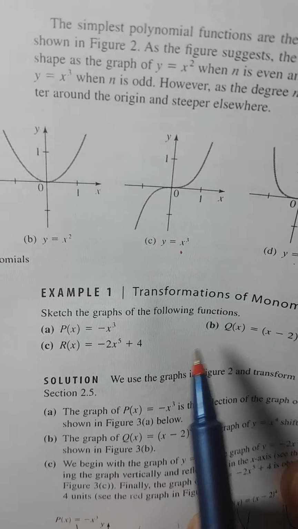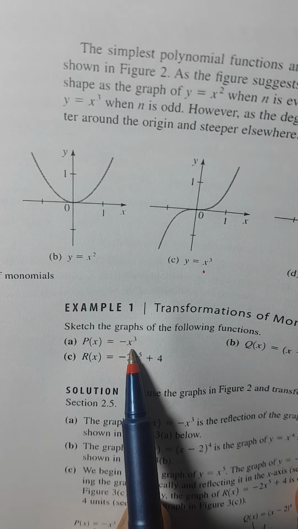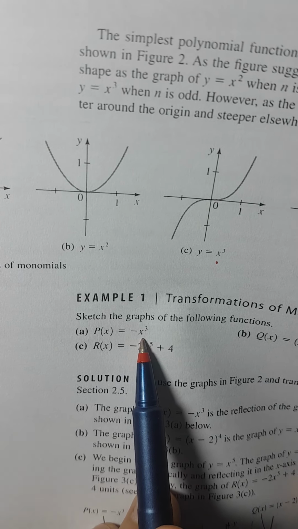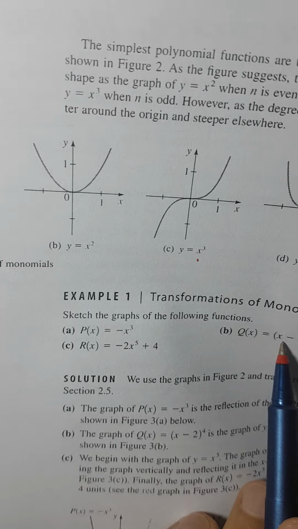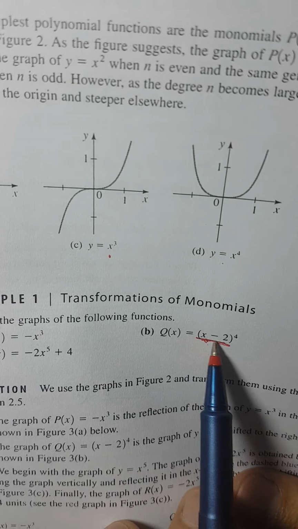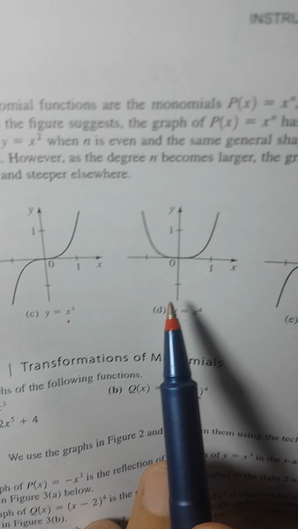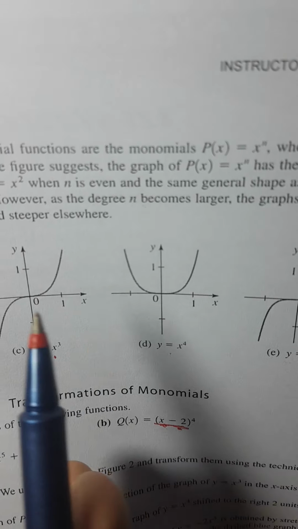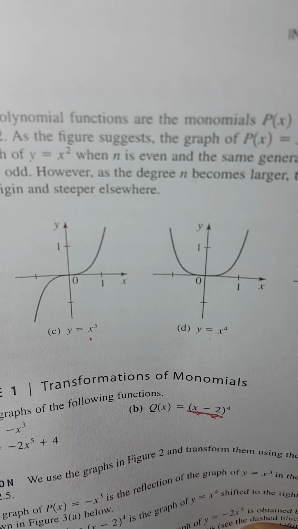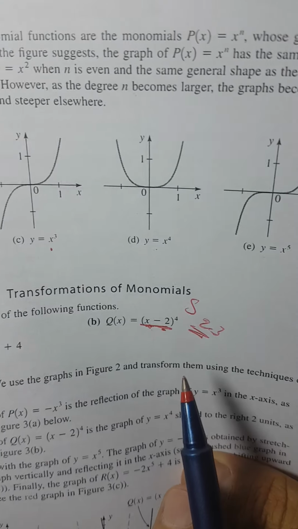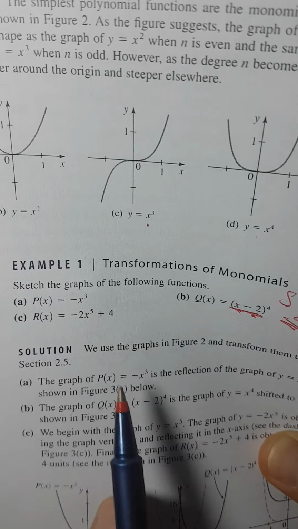Also, example one is the transformation of the standard forms, and you know how to deal with this one, because it has this shape, and with the minus we have a vertical shift, as we taught in 2.3. So please review section 2.3 for sketching this graph.